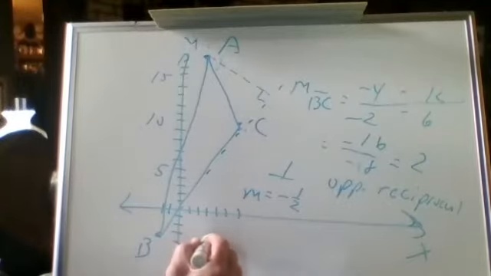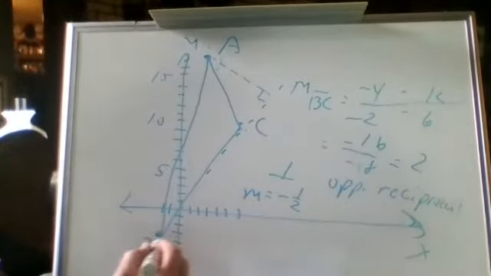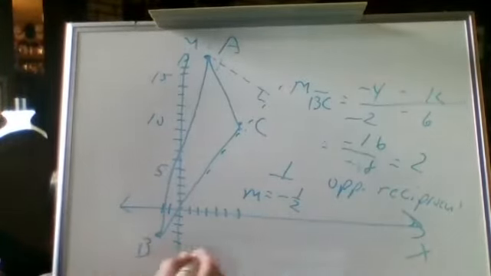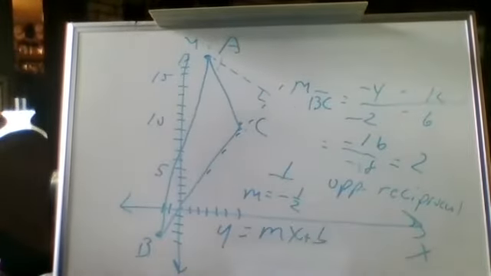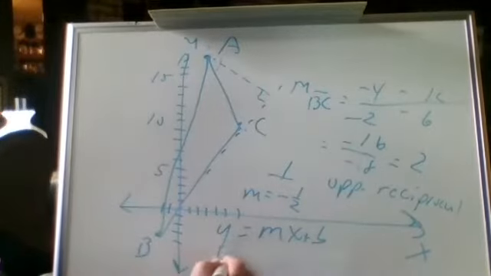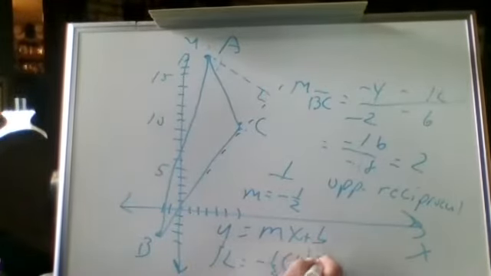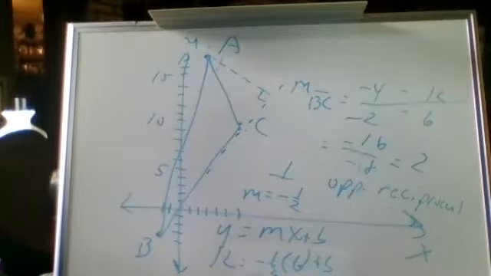So y equals mx plus b. So point A was 2 and 18. You got y equals mx plus b. So y value is 12 equals -1/2 times 6 plus b. So 12 equals -3 plus b.